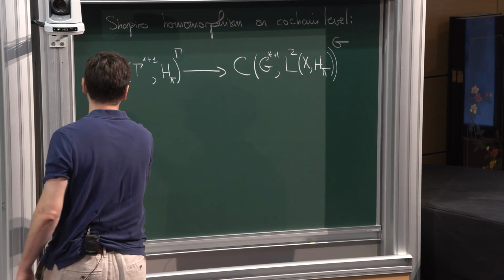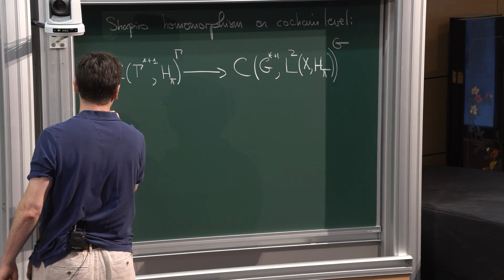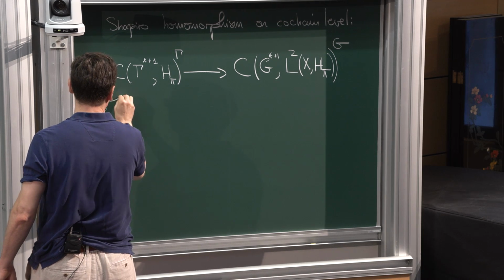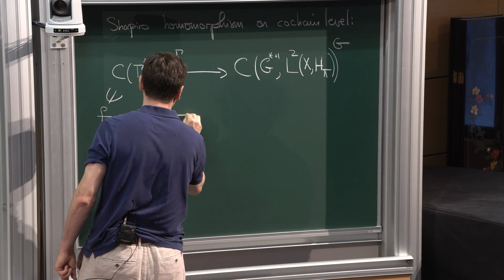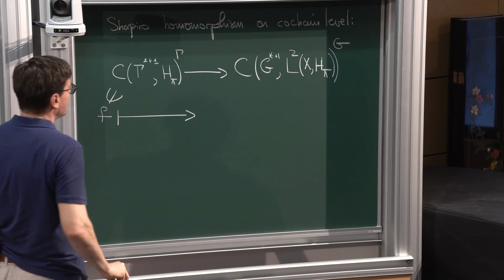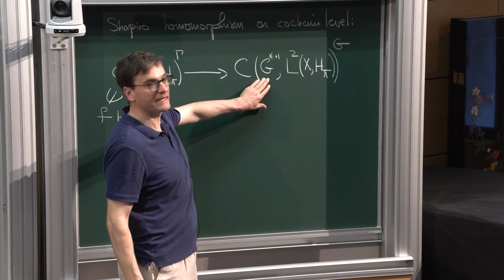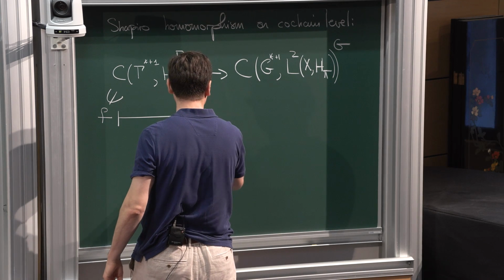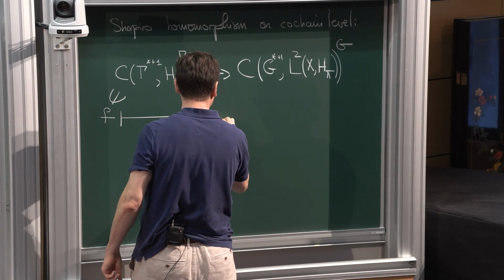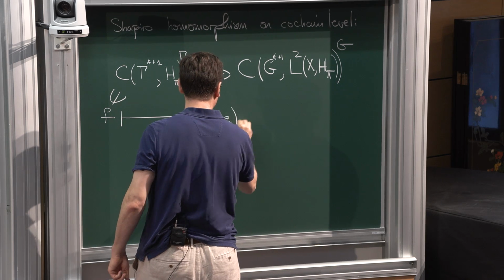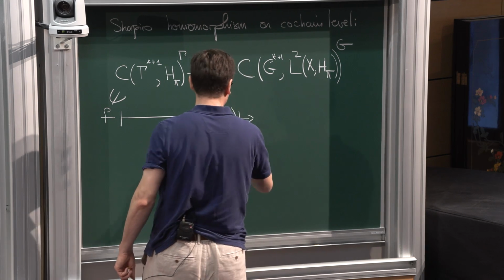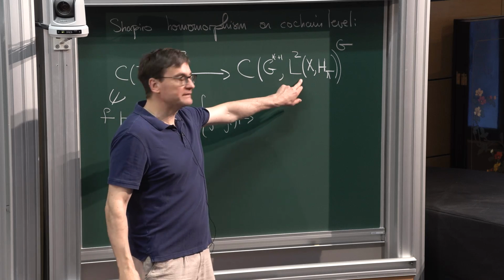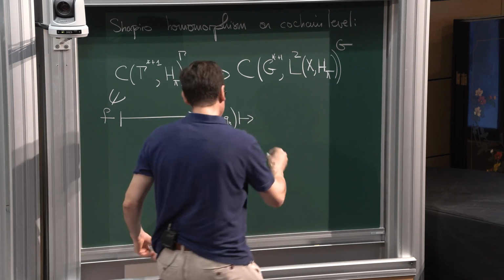We start with a cocycle here, and we map it to a function on tuples of G. So we have to say where (g_0, ..., g_n) goes to. It goes to an L2 function on X, so another function here.